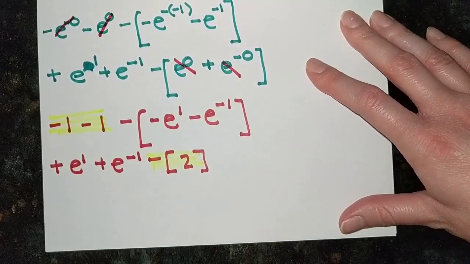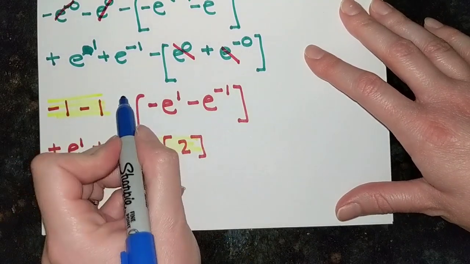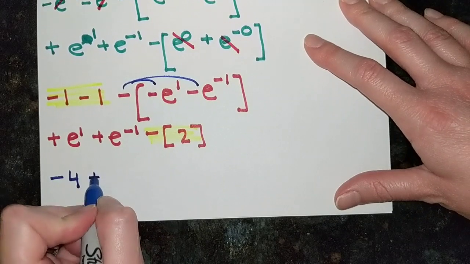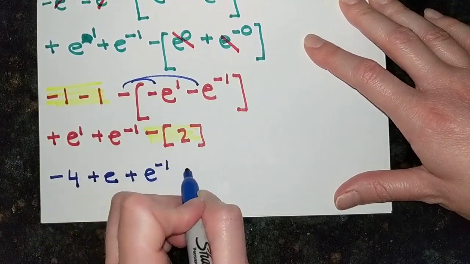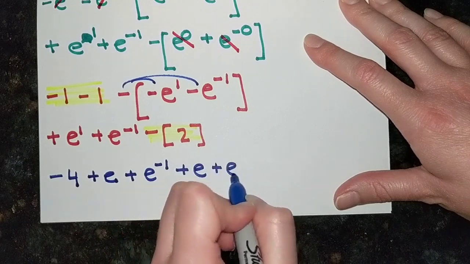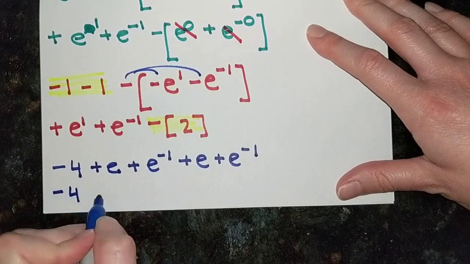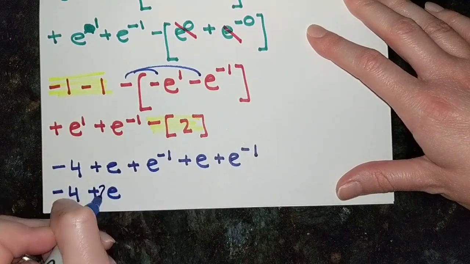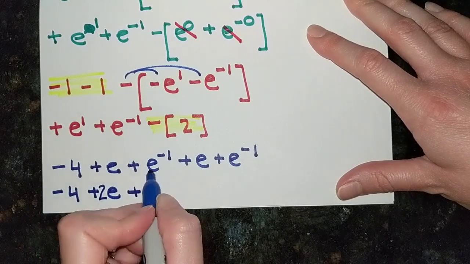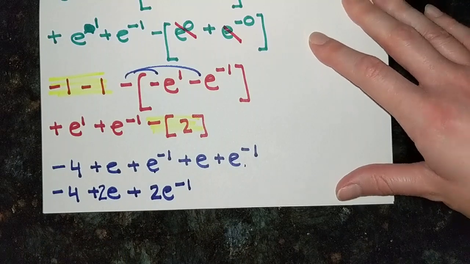That's going to go to negative 4. And then you'll distribute this negative, so it's going to go to a plus e to the negative 1 plus e to the negative 1. And then combining those like terms, you have negative 4 plus e plus another e will give you a 2e, and then plus e to the negative 1, e to the negative 1 gives you 2e to the negative 1.